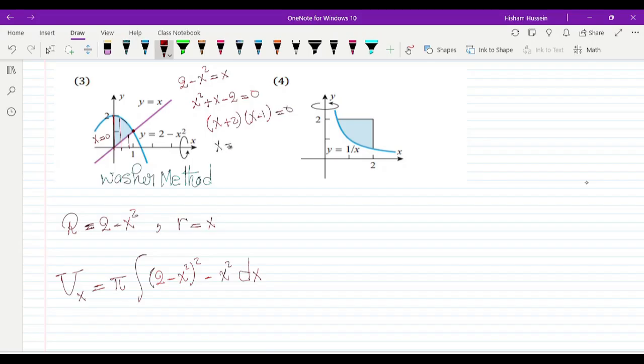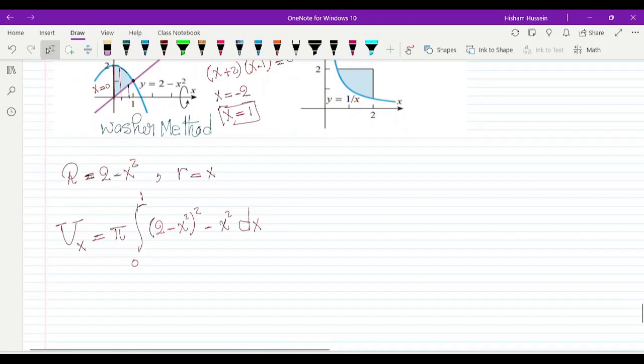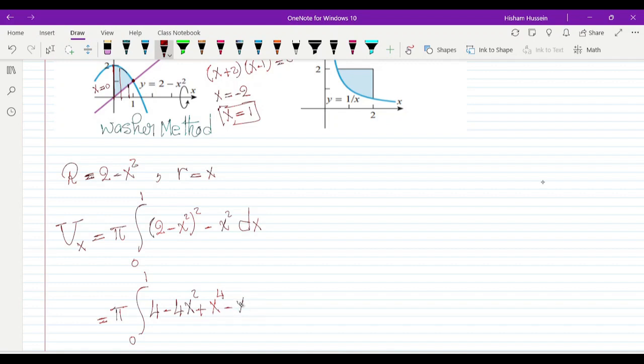This gives two values, x equals negative 2 and x equals 1. So the integral here is running from 0 to 1. So the volume is pi integration from 0 to 1 of the first squared, (2 minus x squared) squared, minus x squared dx.